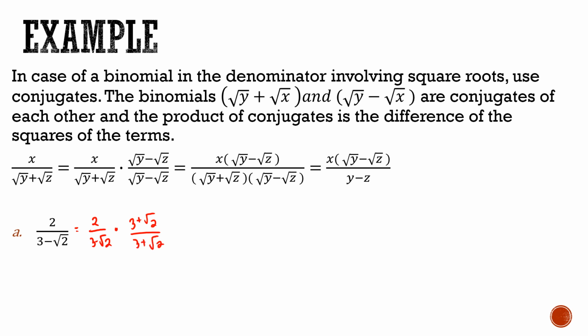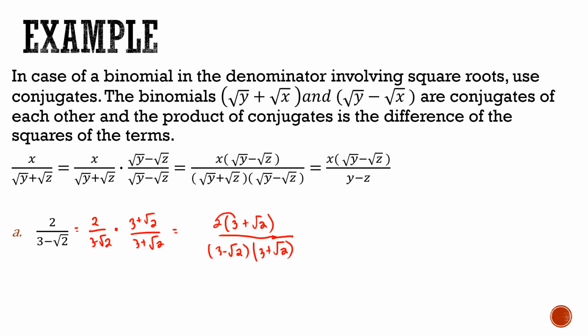Then we will just simply multiply the numerator by the numerator and the denominator by the denominator. So we have 2 times 3 plus square root of 2 over 3 minus square root of 2 times 3 plus square root of 2.